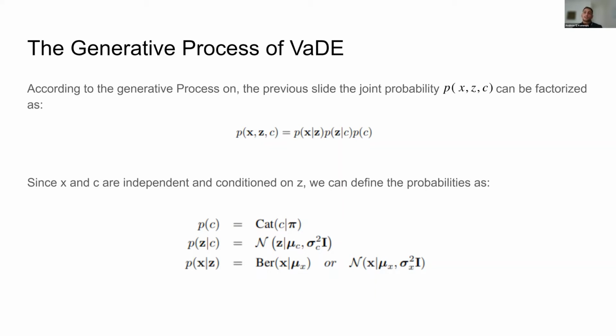What this shows is that we have P of X given Z, the probability that an observed data point is generated based on a latent vector, times P of Z given C, the probability that we've generated a unique latent vector based on the cluster we've selected, multiplied by P of C, the probability that we choose a specific cluster from our data set.